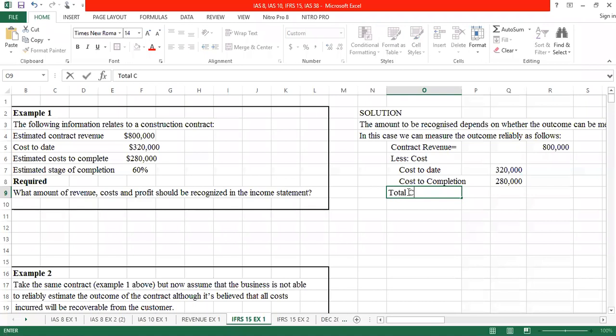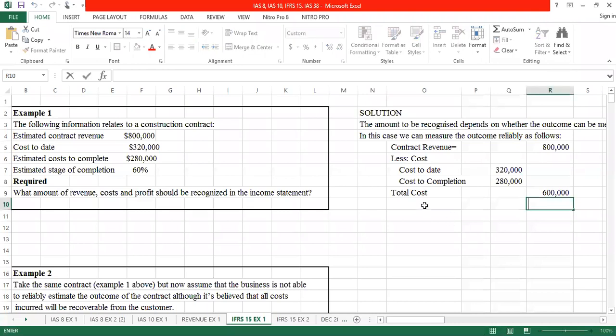Total cost will be equal to 320 plus 280. So my question is, are we making a profit or a loss? Somebody answer me. Thank you. We are making a profit.